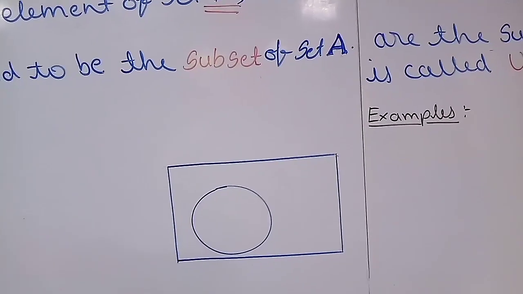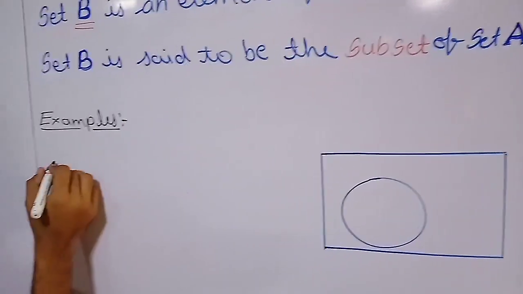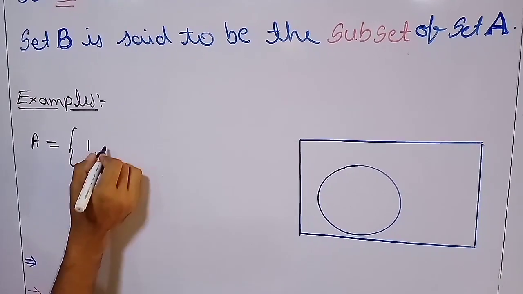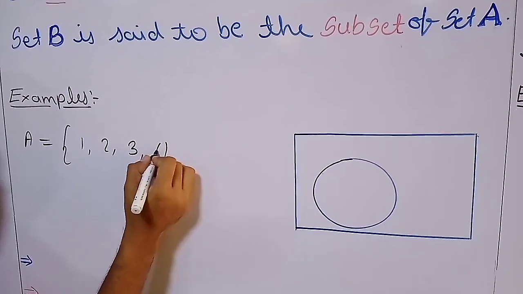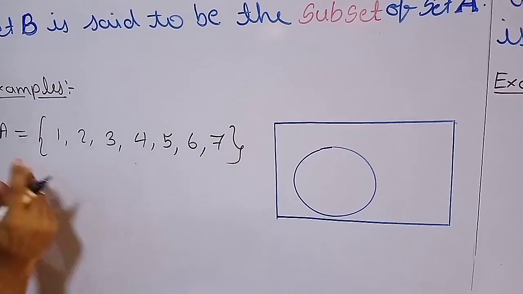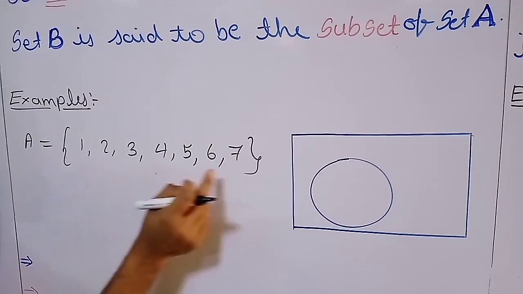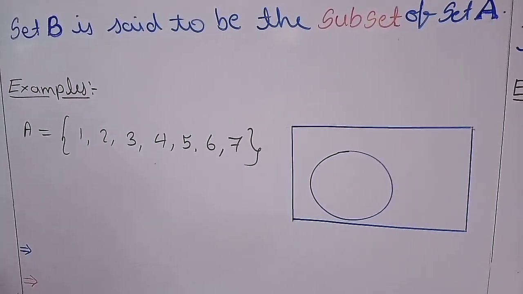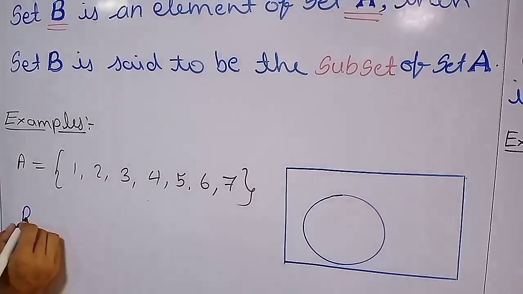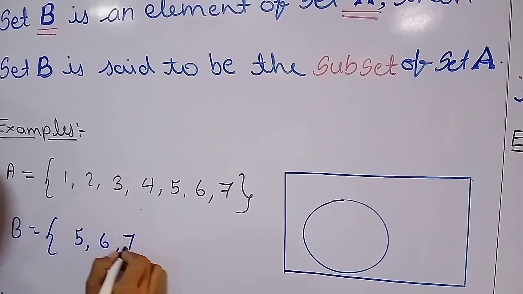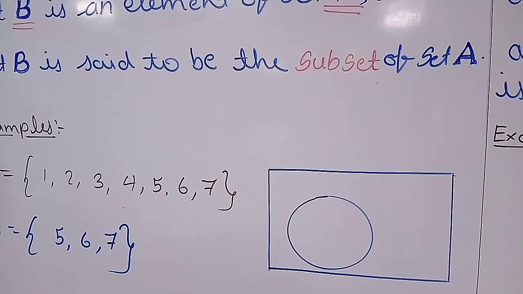Take an example here. Set A is equal to 1, 2, 3, 4, 5, 6, 7. There is a set A, and the natural numbers 1 to 7 are the elements of set A. We have another set, set B. Here we have 5, 6, 7, only 3 elements.